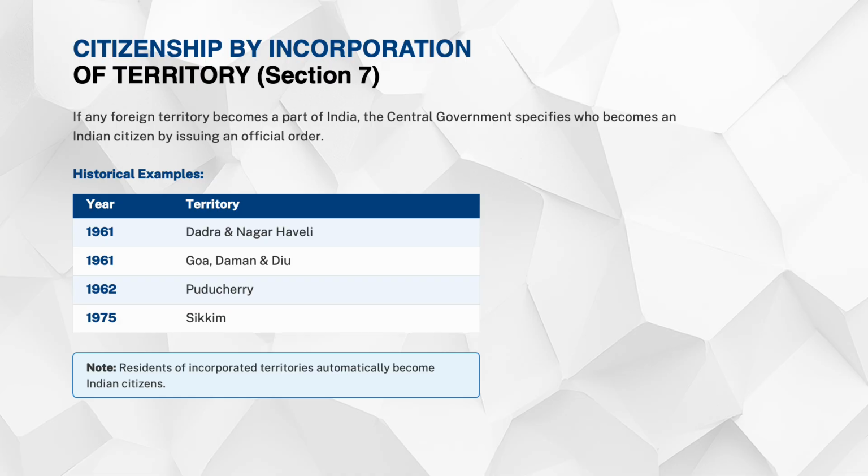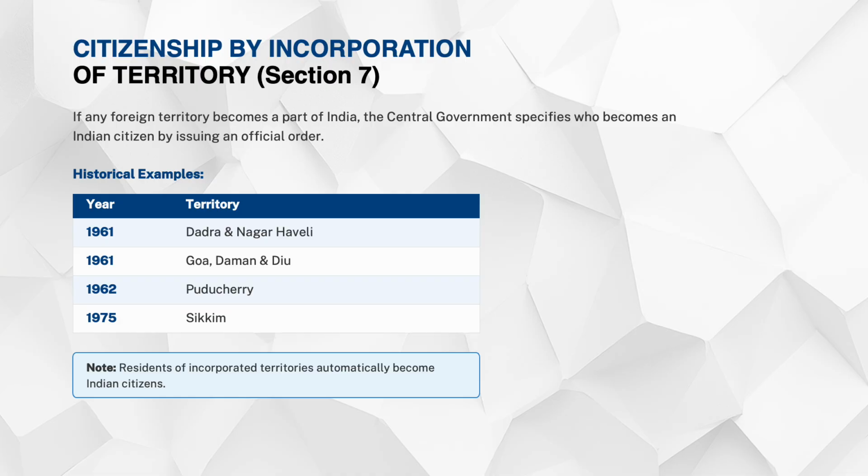Okay. Now Puducherry is another very unique case. The residents were French subjects, and so the French government officially ceded the territory of Puducherry to India in 1962.